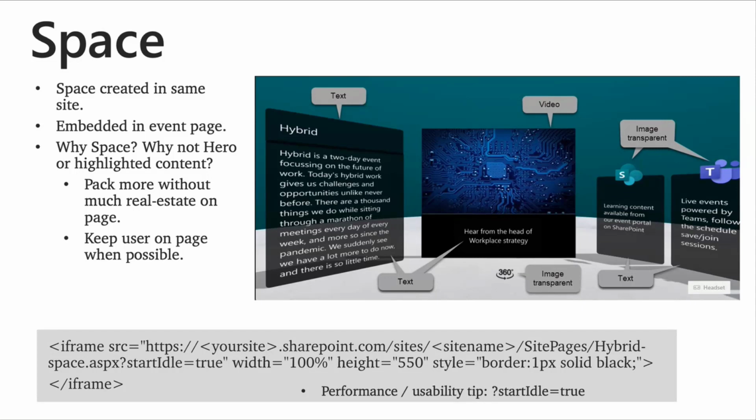The other thing is, as much as possible, I'd like to keep the users on the event page without them having to leave the page to access the content, because I can put in videos and other embed parts within the space, and that loads up within that event page itself. And I've used this embed code to put the space inside the page. So that's the space.